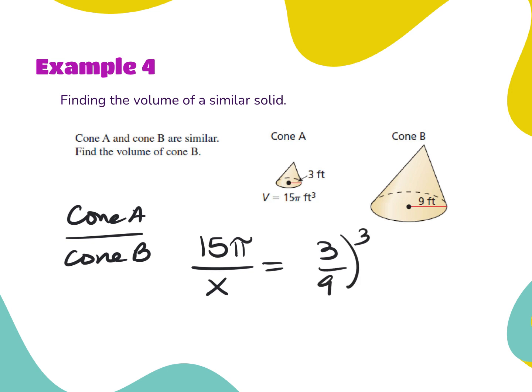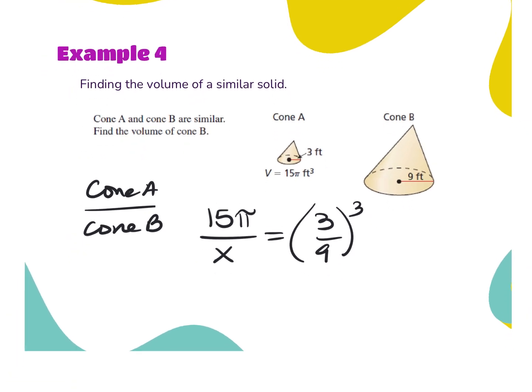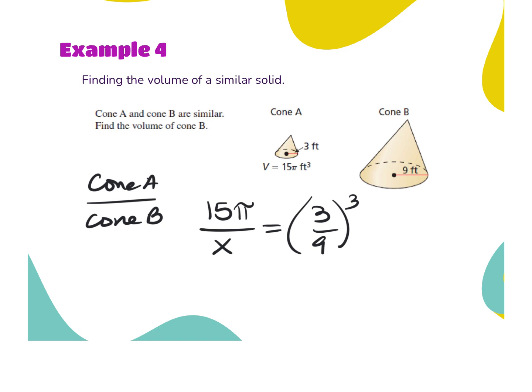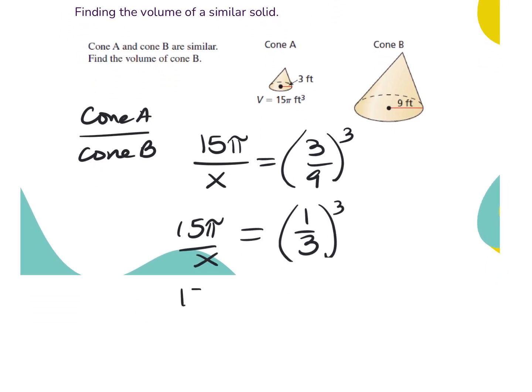Remember, this linear unit, when it's finding a missing volume, is cubed. I'm going to simplify that fraction before I cube it. This will simplify to 1/3. And then now I can raise it to the 3rd power. And I get 15 pi over x is equal to 1 over 27. I'm going to cross multiply.